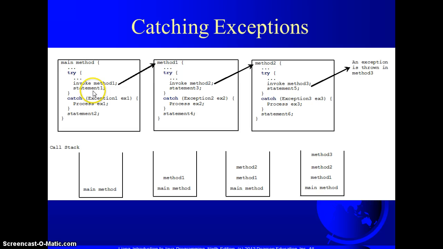So here is another example. Try to invoke method 1, and method 1 also tries to invoke method 2, and method 2 tries to invoke method 3. Since you invoke another method that has its own thrown exceptions, you can keep catching each exception.